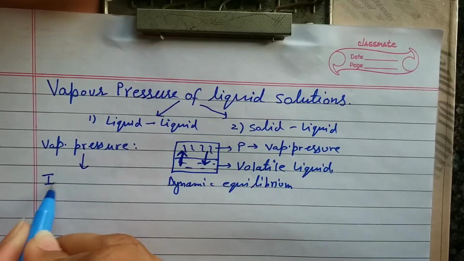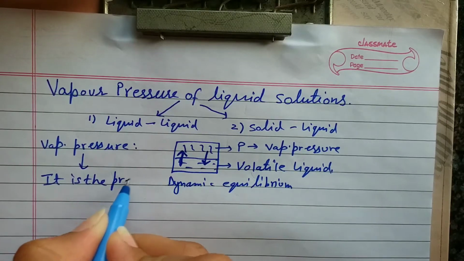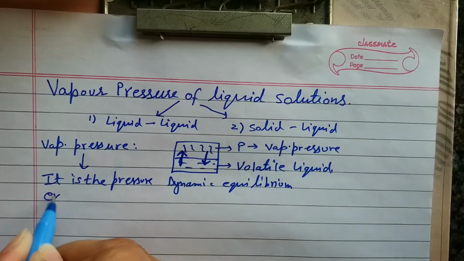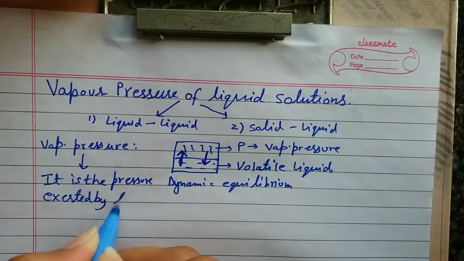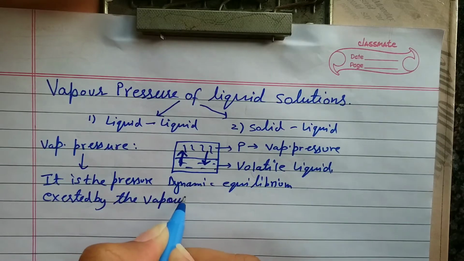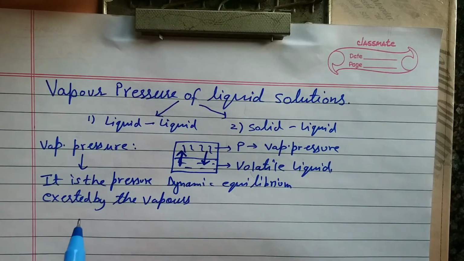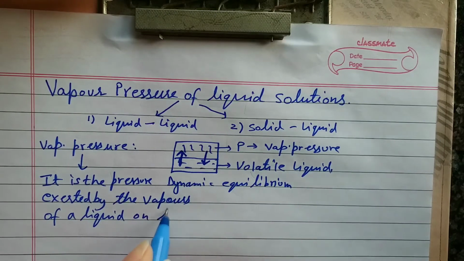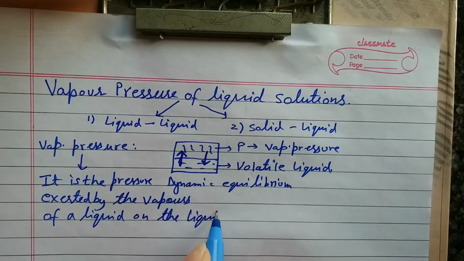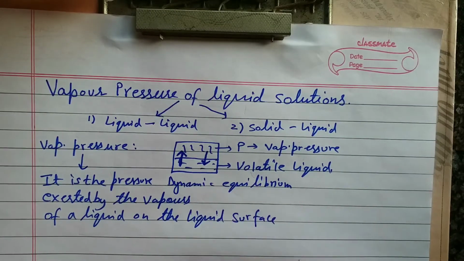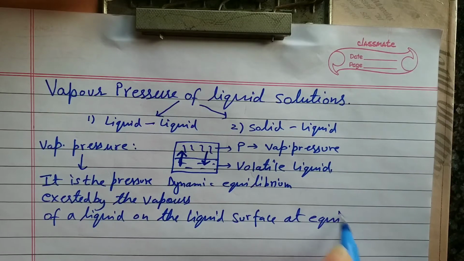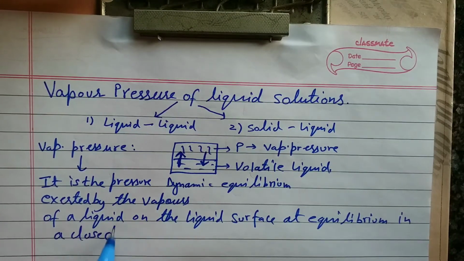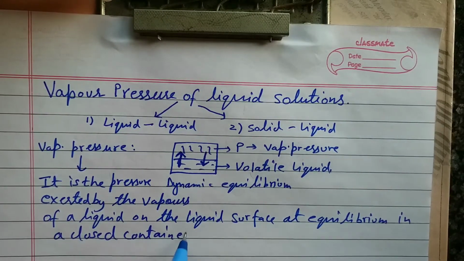You can say that it is the pressure exerted by the vapors of a liquid on the liquid surface, at equilibrium, in a closed container. So this is how we define vapor pressure.